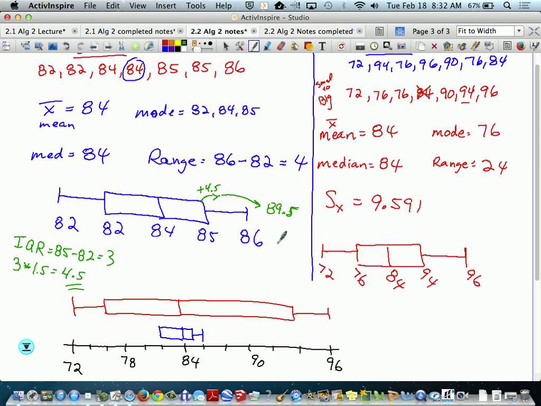Do we have any numbers that are still bigger than 89.5? No. Go to the bottom of the box and subtract 4.5. So what's 82 minus 4.5? 77.5, right? Is there anything smaller than 77.5?